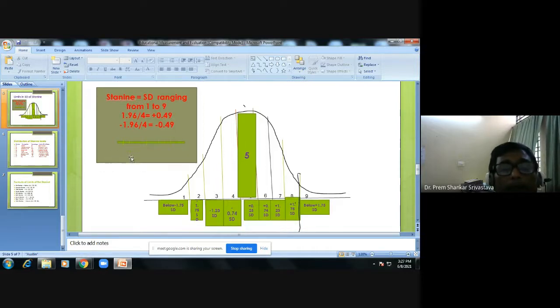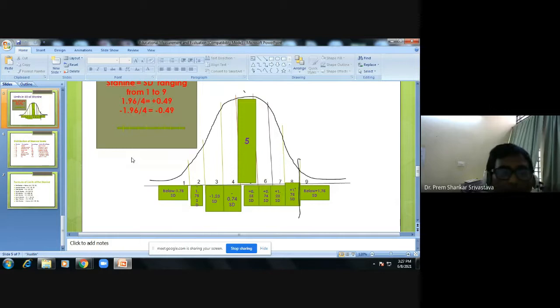So the first Stanine is below minus 1.75 standard deviation, and the second Stanine is up to minus 1.75 standard deviation. The third is minus 1.23 standard deviation, and the fourth is minus 0.74 standard deviation.